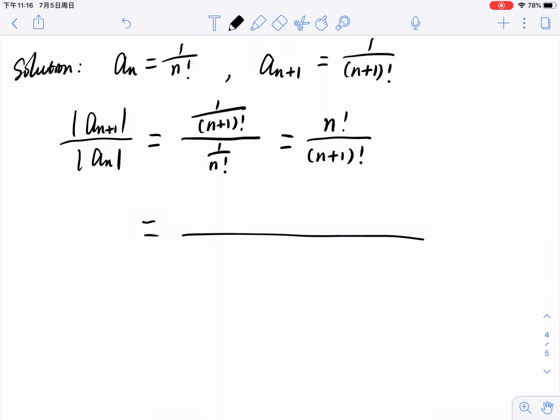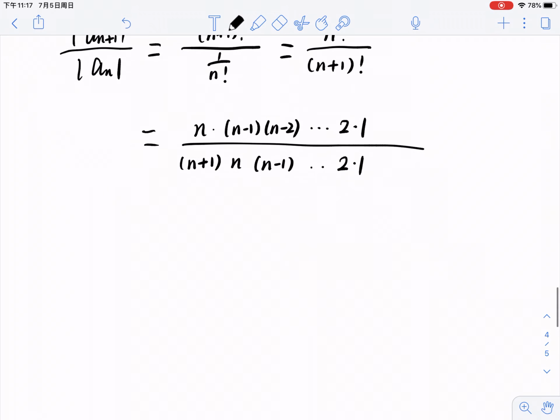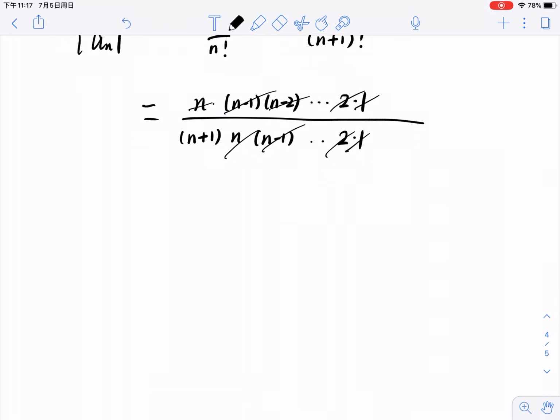The n factorial is the multiplication of the first n natural numbers: n times n minus 1 times n minus 2, down to 2 times 1, over n plus 1 times n times n minus 1, down to 2 times 1. So we cancel n, n minus 1, n minus 2, down to 2, 1, and we get 1 over n plus 1.